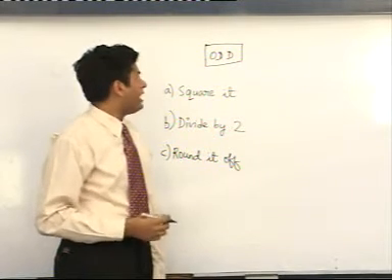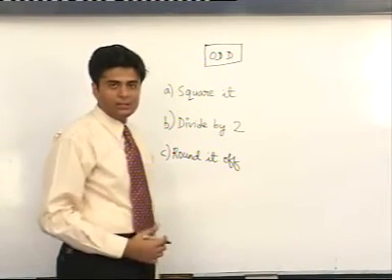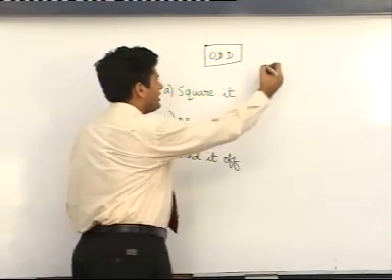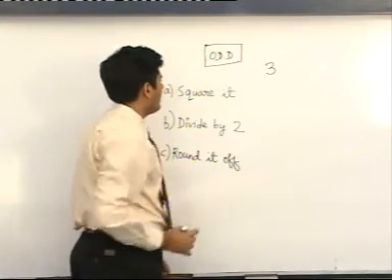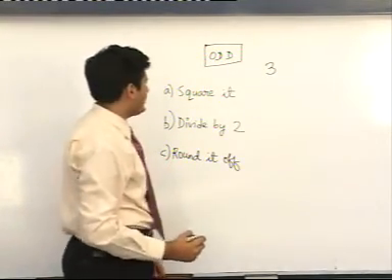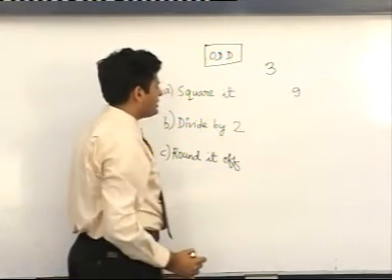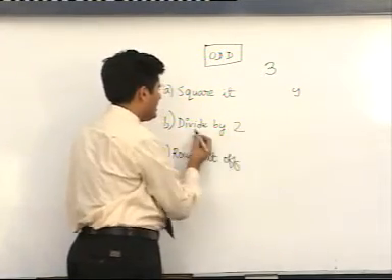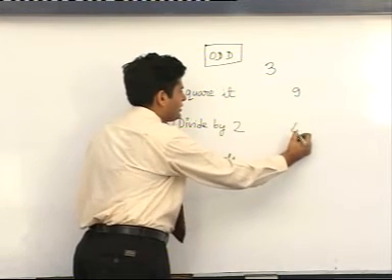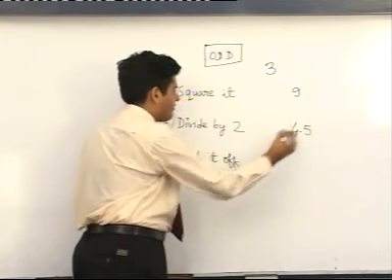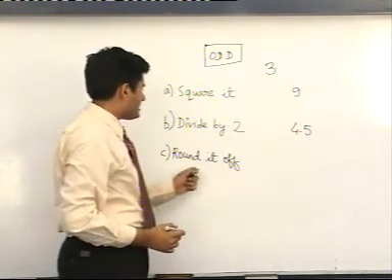Let us take an odd number and find the triplet. Let us suppose we take 3. When we square it, we get the answer 9. When 9 is divided by 2, we get 4.5. And now step three says round it off.